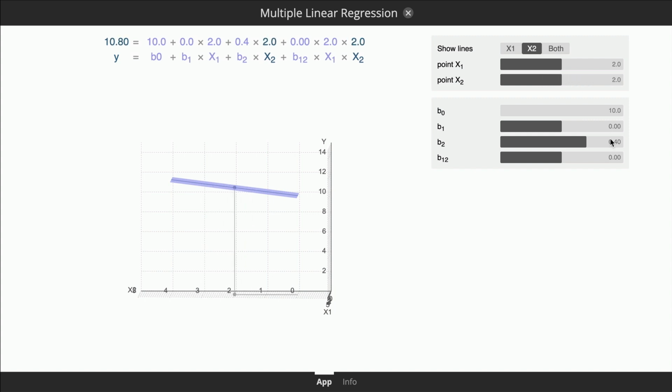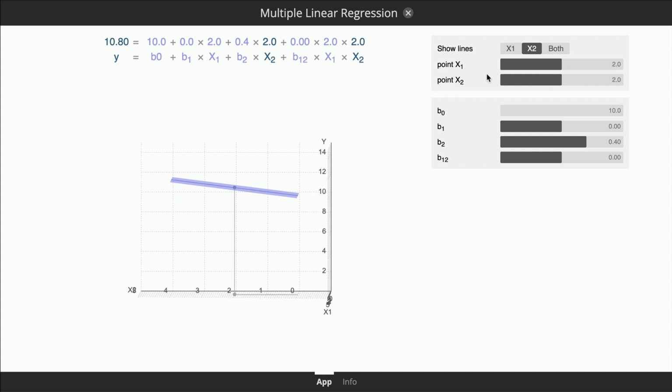Right? Now, what's the meaning of these exact values? For example, what is exactly 0.4? 0.4 is how big the increase in y will be if I change x2 by 1. So for example, in this case, you can see it's 0.8, right? 10.8. Why? Well, we started with 10, and then we have x2 equal to 2. And then we have 2 times 0.4, so it means 2 times this regression coefficient.